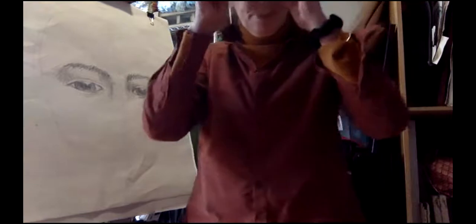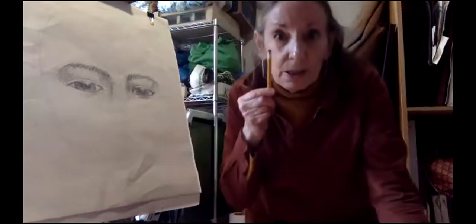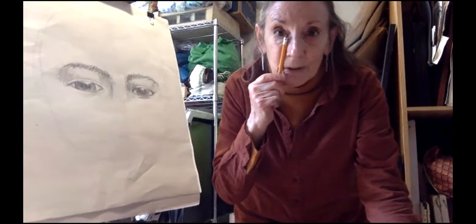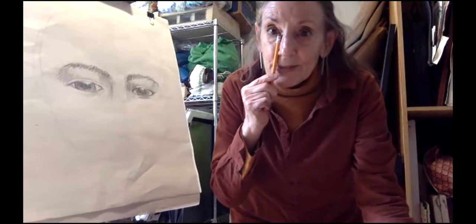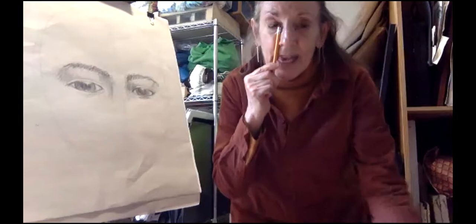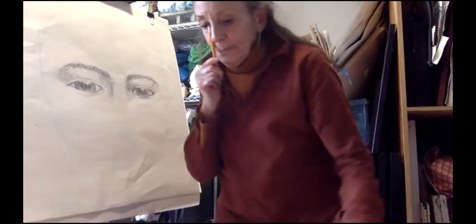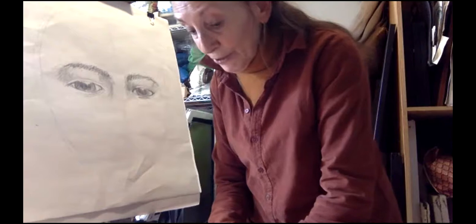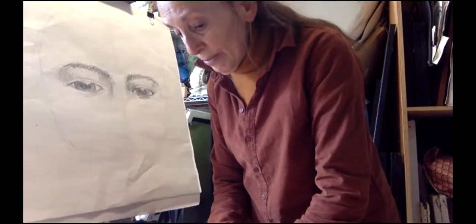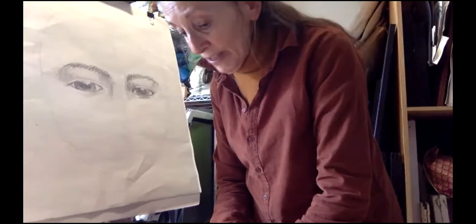Remember this rule. The inner corner of the eye, if you took the eraser end of your pencil and dropped it straight down, it goes to the outer edge of the nose. So I'm looking at my photograph now and I'm dropping the eraser end of the pencil from the inner corner of his eye.